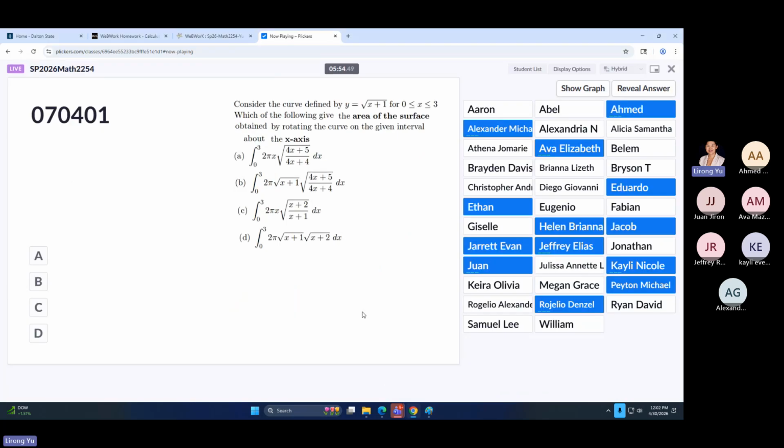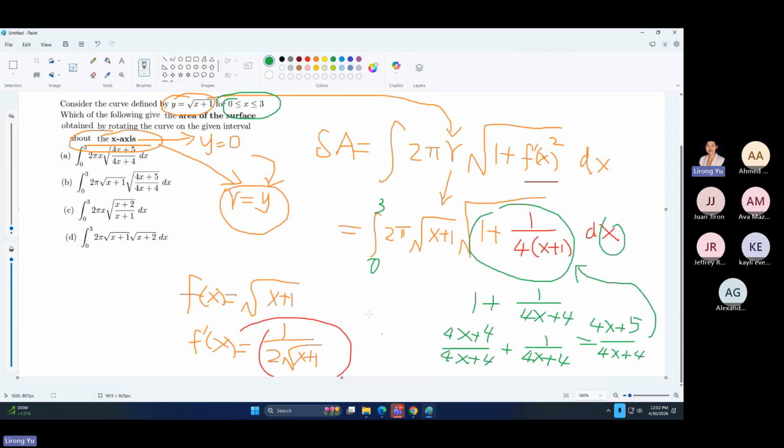Okay, anyway, I think I got everybody's answer. So the final answer is B. Let me try to explain the rest of the calculation steps. This calculation is actually possible to finish up. That was the explanation for the function and the derivative.